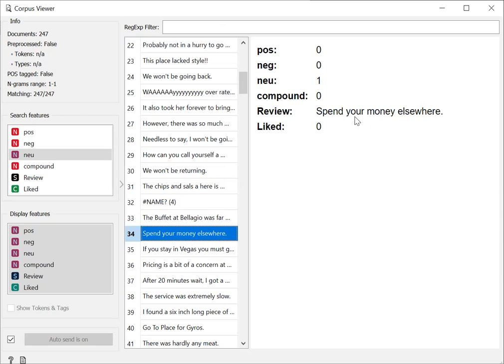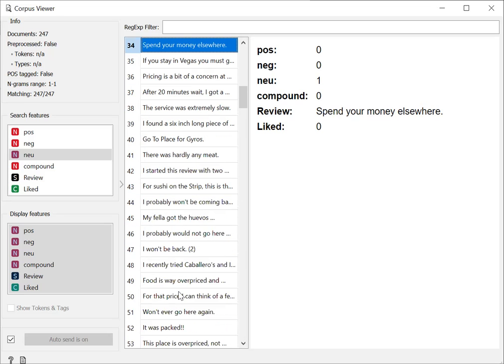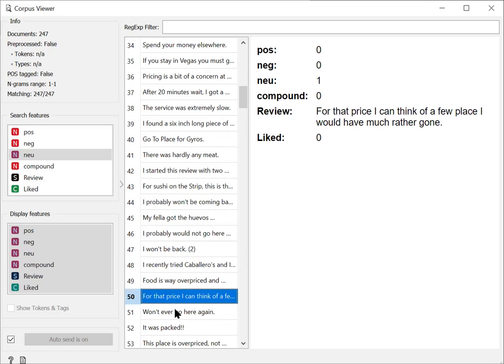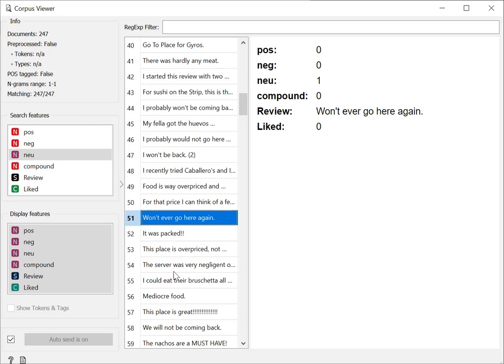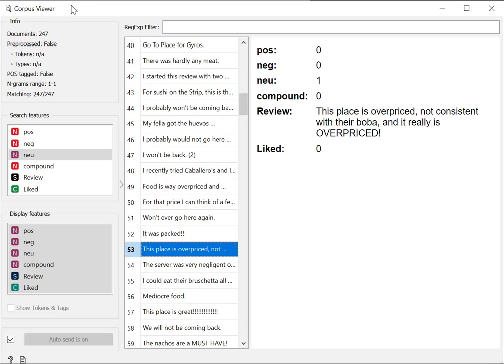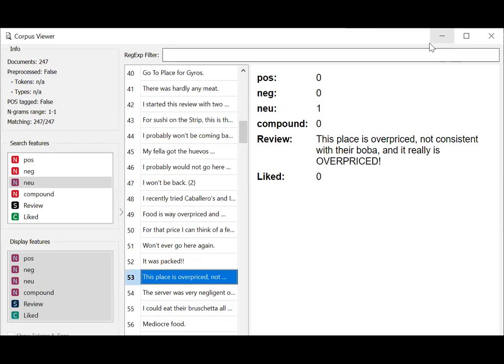For example, send your money elsewhere. That's the reason it needs a human being to understand this is a negative comment. But here, Orange could not understand that and it chose neutral. So yeah, Orange didn't do a good job for this corpus.